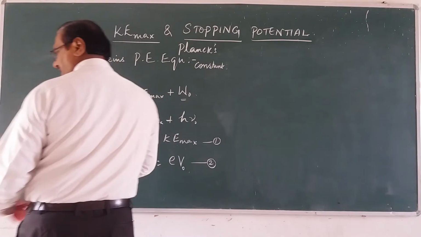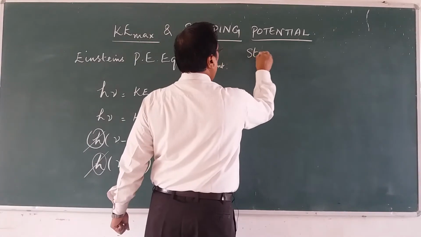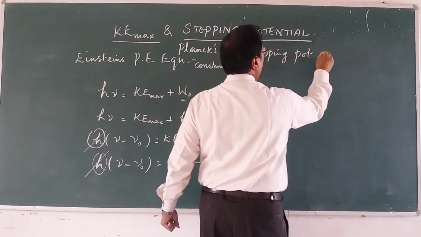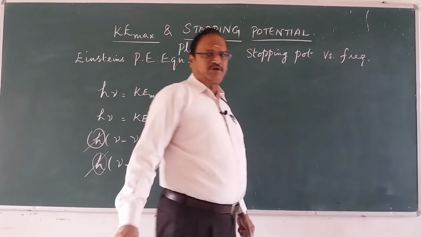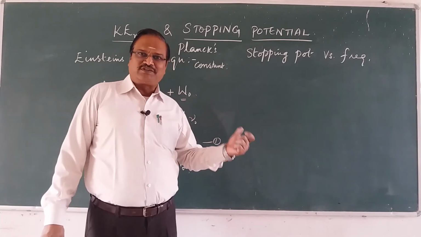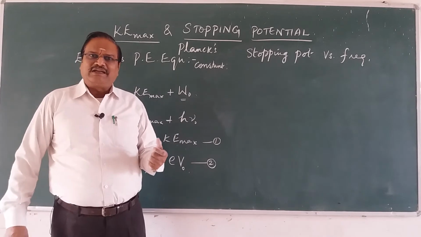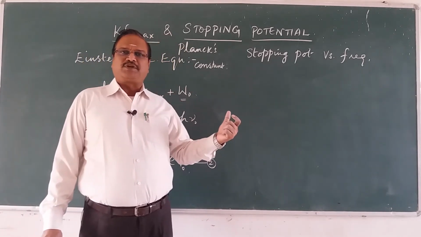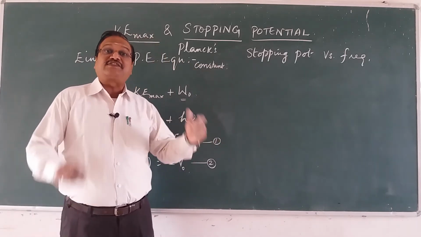Now, in this graph, I am going to take stopping potential versus frequency. Now, what is stopping potential? It is the negative potential for which the kinetic energy is maximum, or it is the negative potential of the plate for which the photoelectric emission is stopped.